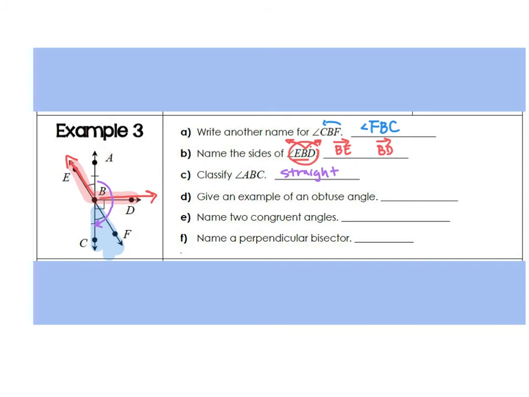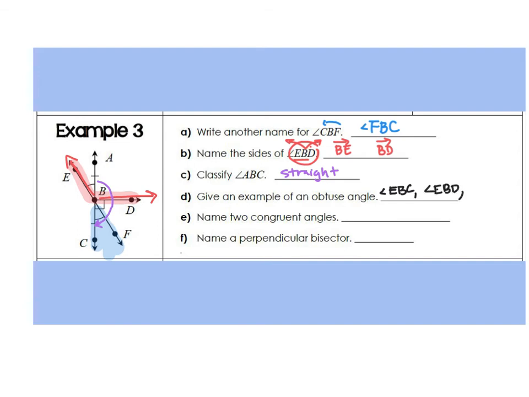Give an example of an obtuse angle. And there's many, by the way. Okay, there's many. I'll try and list as many as I can. We have angle EBC. We also have angle EBD.